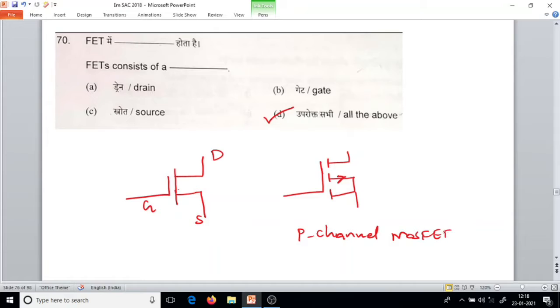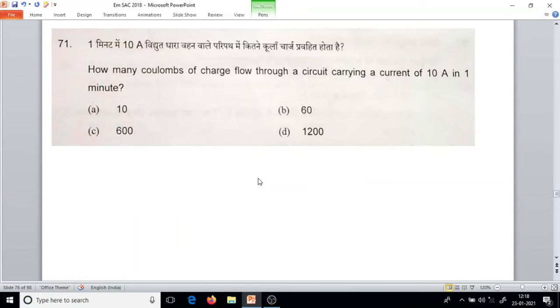So this is the drain, this is the source, this is the gate. I have doubt whether it's drain or source, but I think it is drain only. So in a similar diagram, if the arrow is coming in, then it's an N-channel MOSFET. So we'll go to the next question.